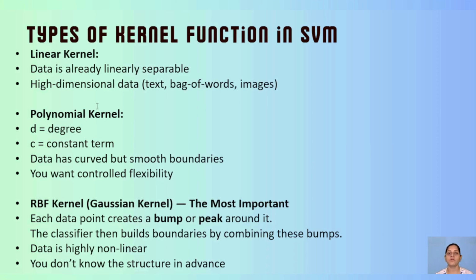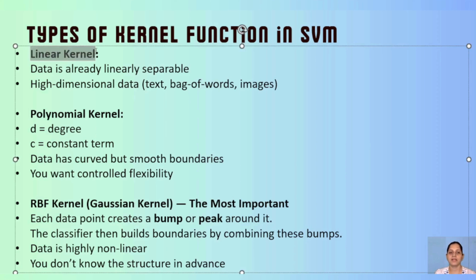The more data present, the more number of dimensions it is going to create in space. We don't know that, right? And to handle those kinds of scenarios, the kernel function comes into the picture.